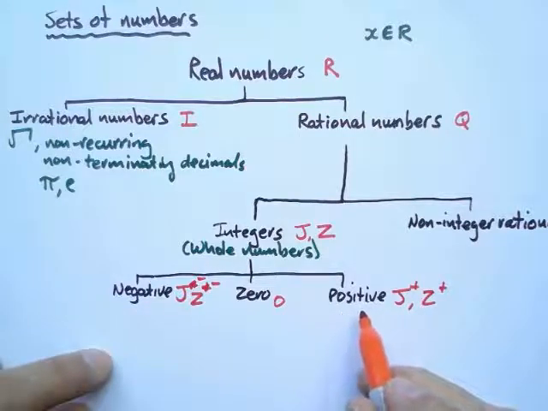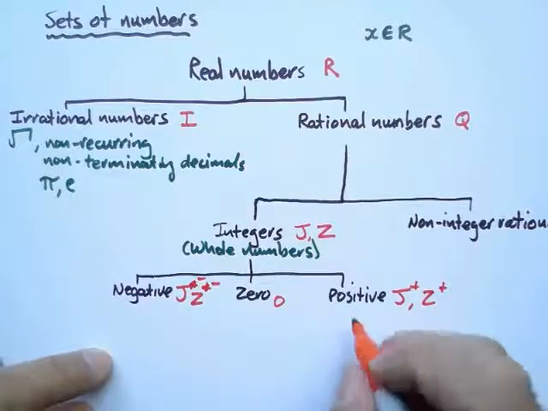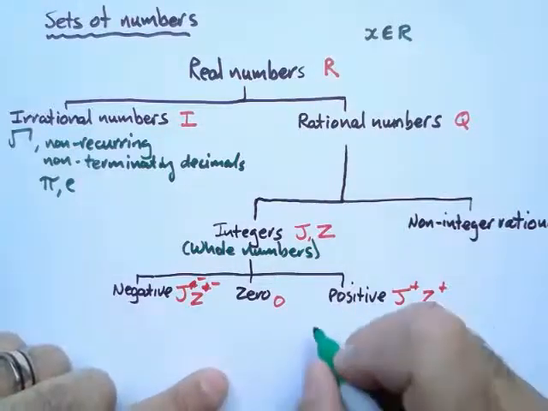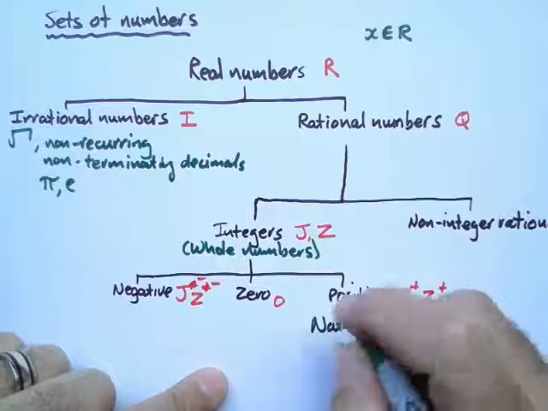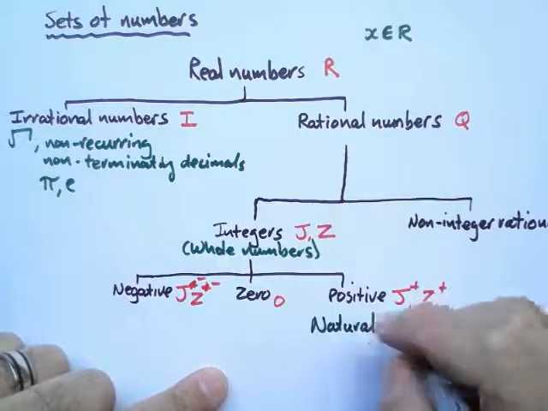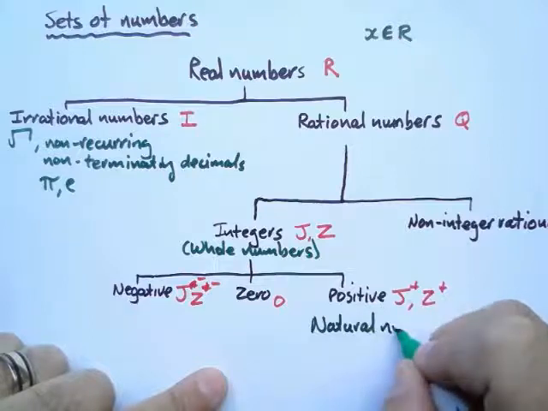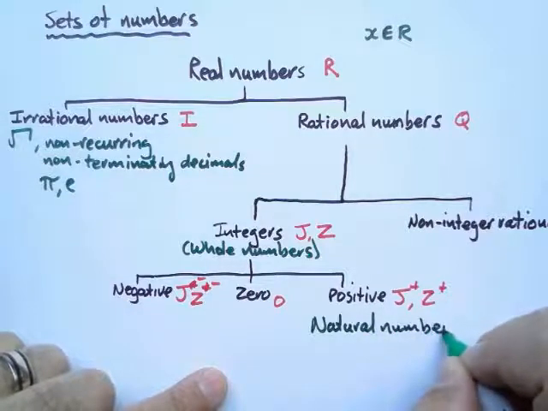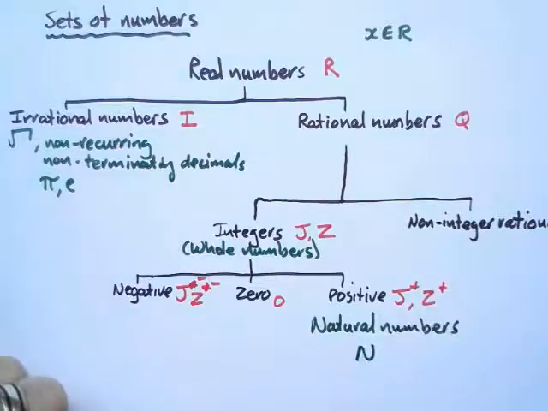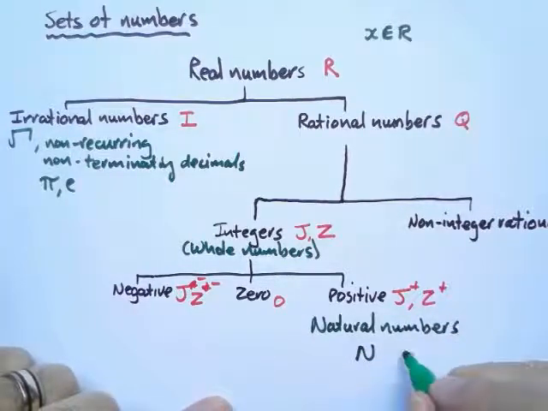And then also part of the positive numbers is the natural numbers. So the other name for this is natural numbers. If they talk about natural numbers, it is from 1 upwards. These are natural numbers, and we say that that is N. So natural numbers is from 1 onwards.